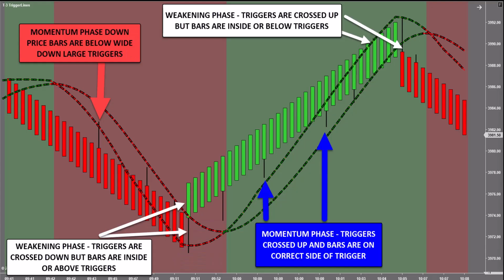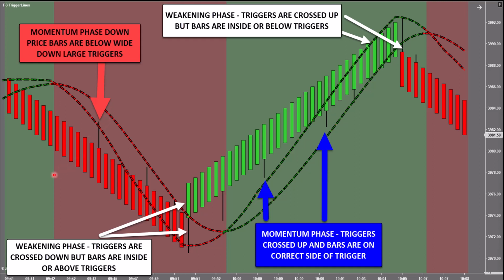So I want to look first, and I want to introduce these concepts in a real simple format for you. Remember, we said price bars are below the triggers. So you can see that here. It's pretty easy to see. We're going to talk about a momentum phase of the price bars and triggers when the large triggers are crossed down and really wide to the downside.